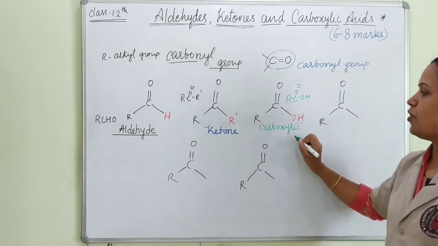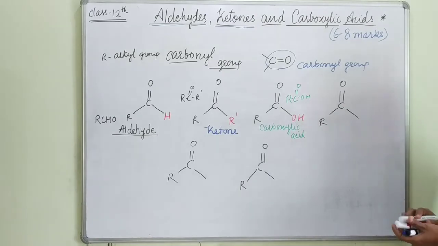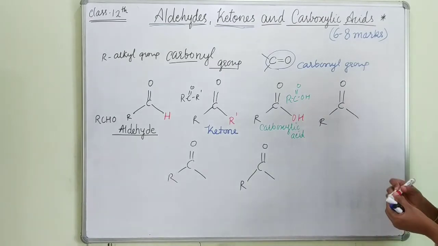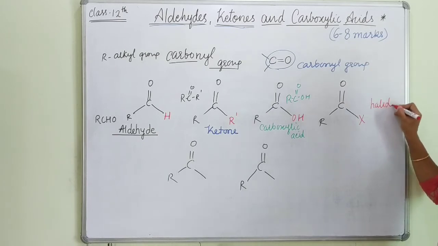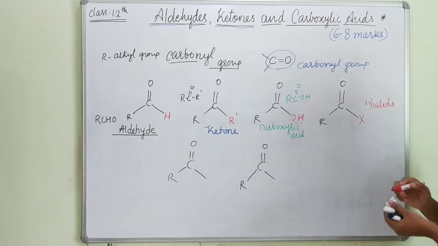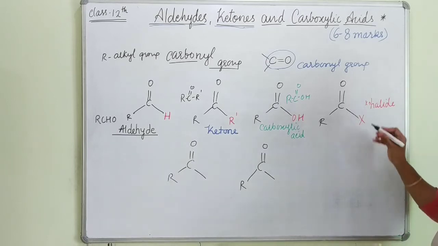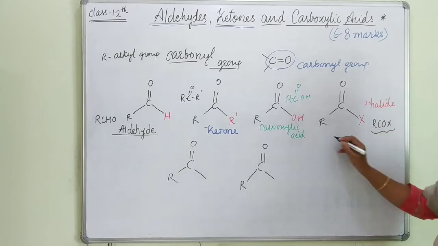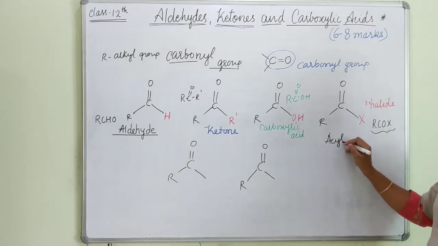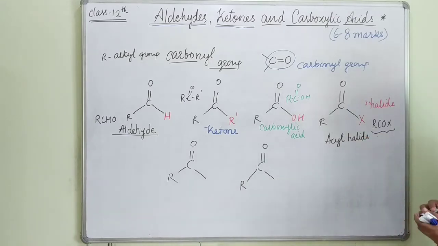Now the next: in place of OH, if I have a halide, where X stands for halide, the compound is RCOX, and this is known as acyl halide as a functional group.